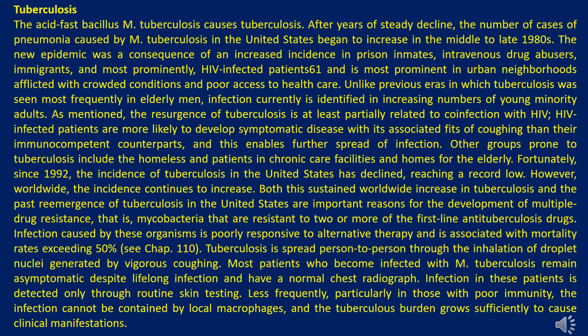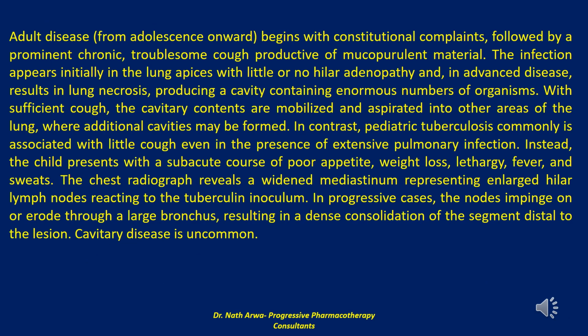Less frequently, particularly in those with poor immunity, the infection cannot be contained by local macrophages, and the tuberculous burden grows sufficiently to cause clinical manifestations. Adult disease, from adolescence onward, begins with constitutional complaints, followed by a prominent chronic, troublesome cough productive of mucopurulent material.